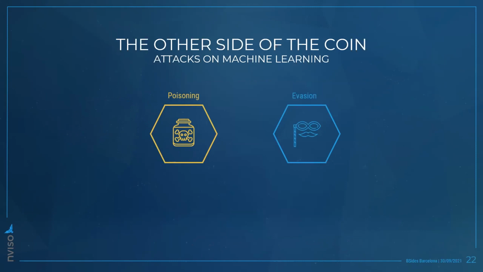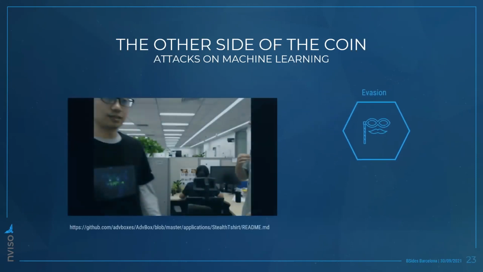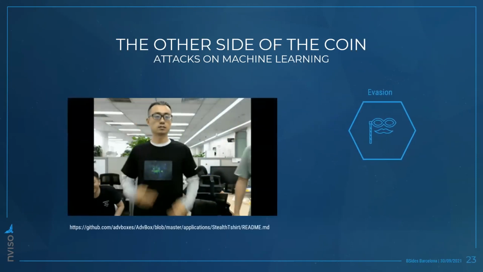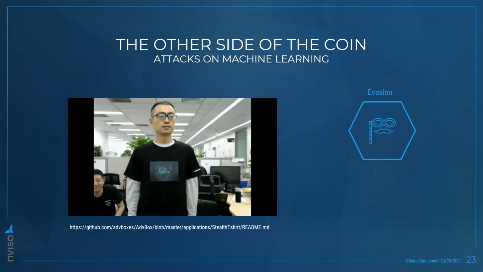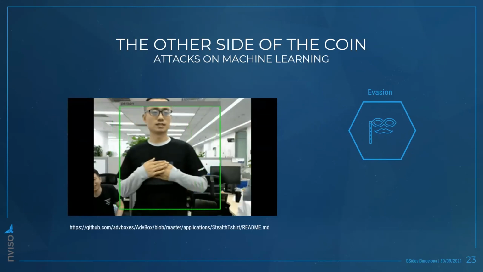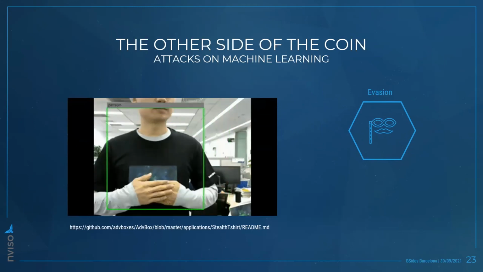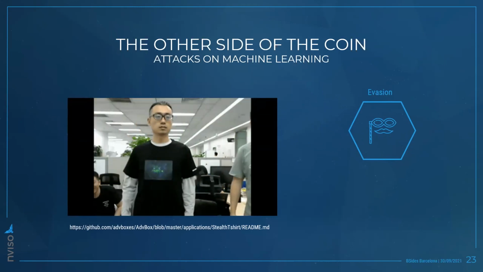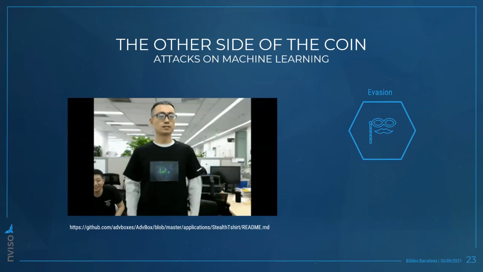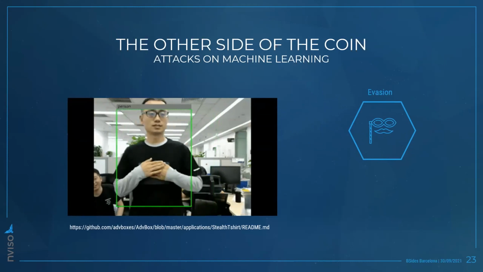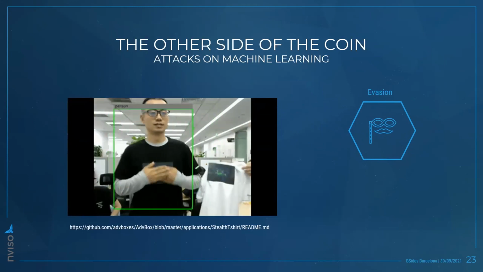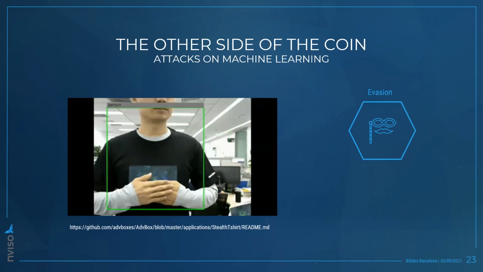And another very famous example is evasion. It's kind of like the most common type of attack you have. So you try to design input that is then wrongly classified by the machine learning model. And I've chosen here an example from DEF CON 2019, the stealth shirt. So you have an object detection camera.